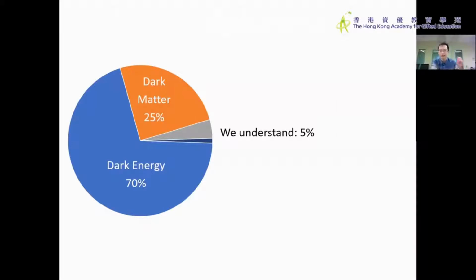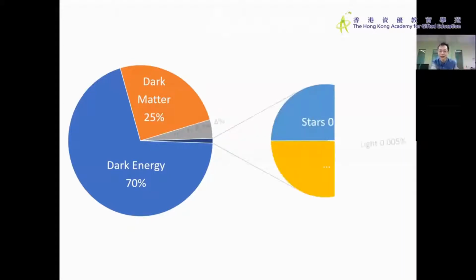But let's start by talking about the 5% that we understand. In this 5%, about 4% is just free hydrogen and helium, okay? That 4% is just spread in the universe, and for sure it is very important for astronomical observations, but it's not so interesting for our imagination.